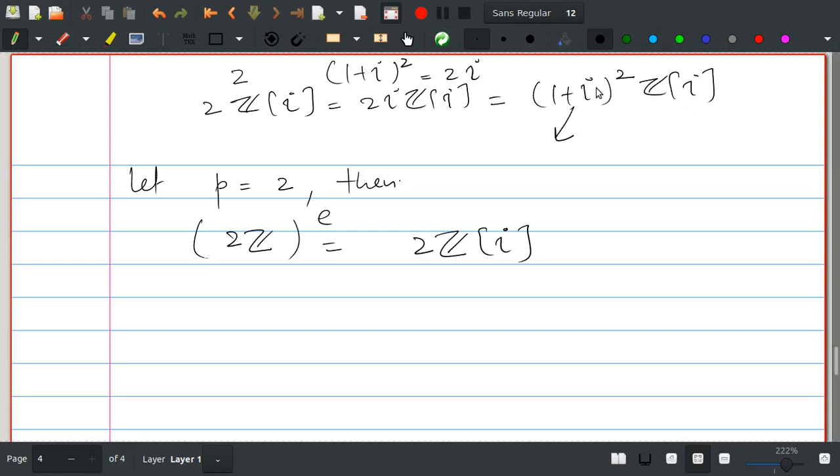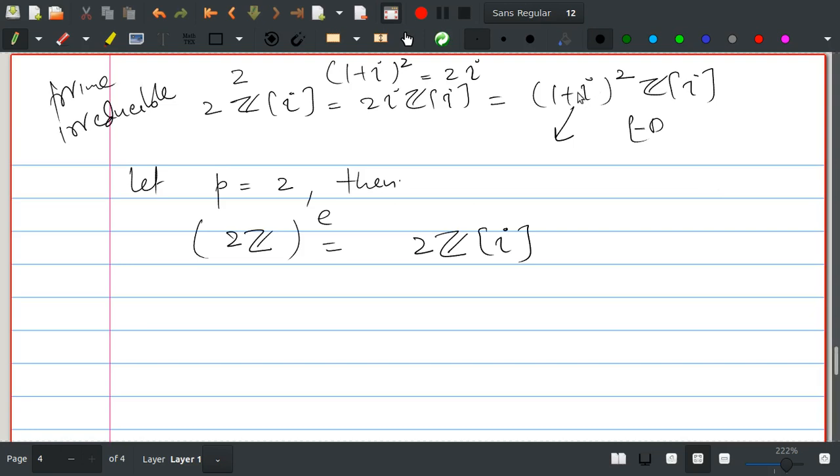Note that this element is not prime in the ring of Gaussian integers, since the ring of Gaussian integers is an ED, i.e. a Euclidean domain, hence it is a unique factorization domain, and in a unique factorization domain there is no distinction between the primes and irreducibles.